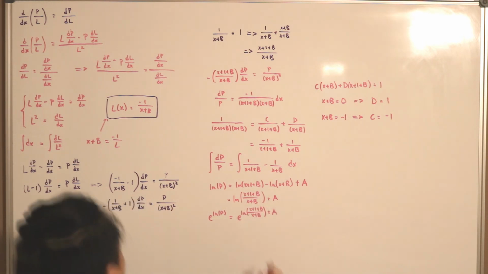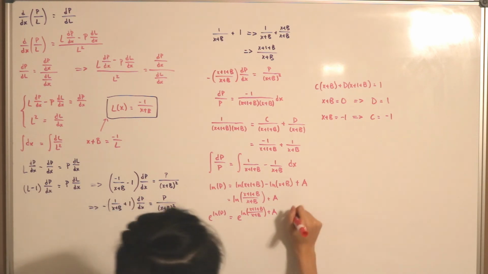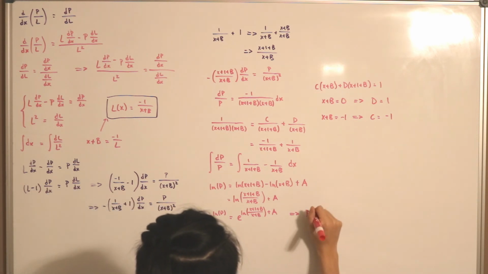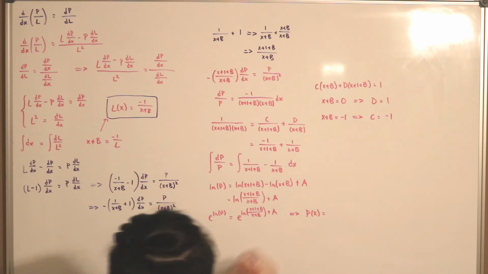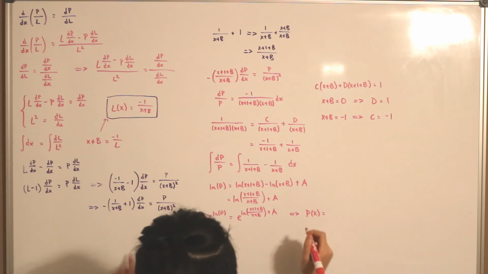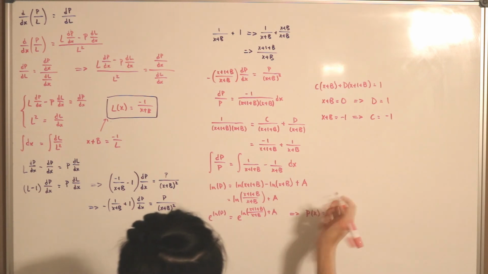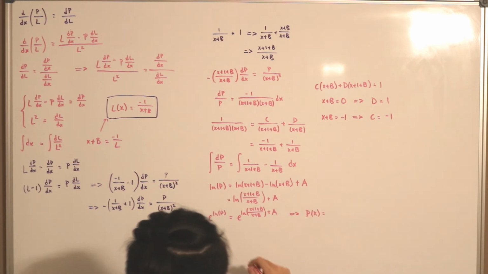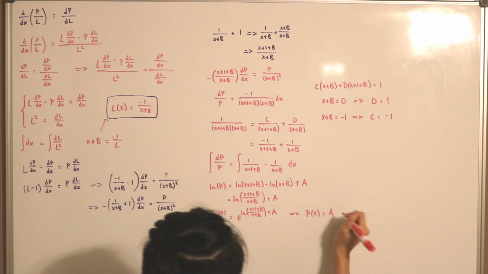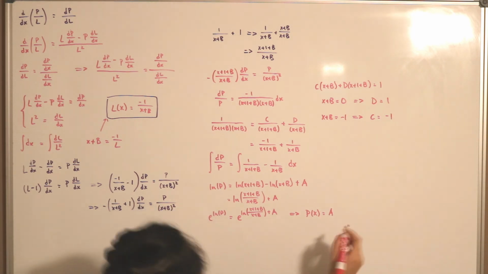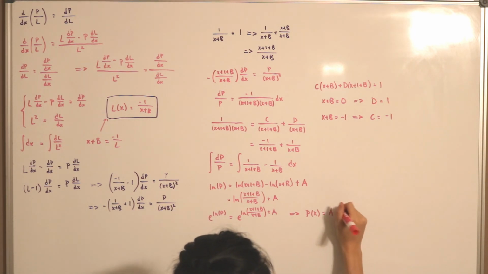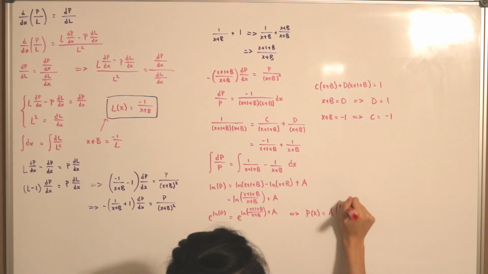Then we get p of x equal to some constant a, since e to the a is some arbitrary constant, we can just call that a, multiplied by x plus 1 plus b divided by x plus b.